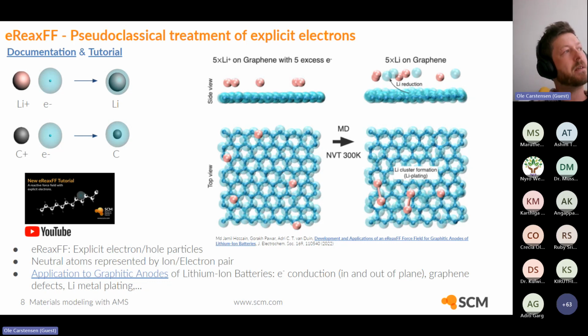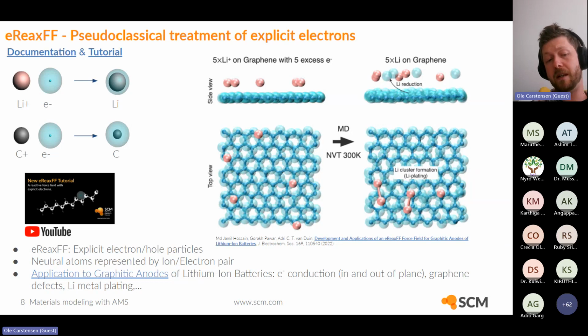You can see how this depends on the temperature of the simulation, and how this is impacted by imperfections in the material. If you have defects in the graphene sheets, or connections between the graphene sheets, how does this affect conductivity of the electrons? All these kinds of things you will be able to see in these eReaxFF simulations.